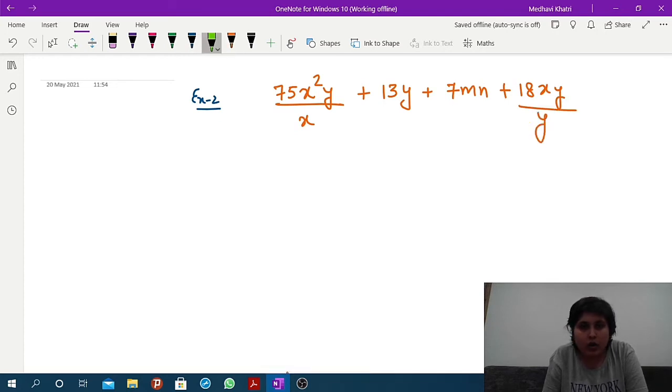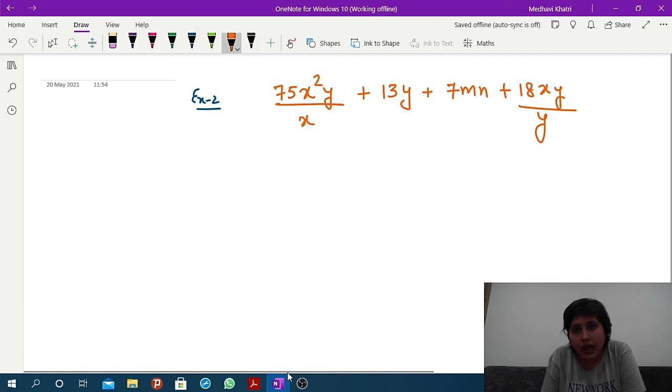Now let us check whether it is an algebraic expression, or a polynomial, or both. Here it is an algebraic expression, as all the variables, constants, and mathematical operations are there. So what we need to do is check regarding the polynomial case.